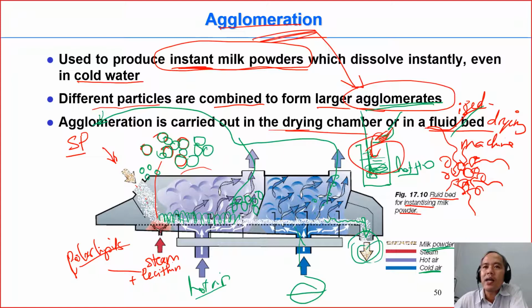But in the past, if you put the whole spoon down, because the particles are very fine, water cannot come inside easily. Water will wet the surface, but inside, when you break it, it's still powder.